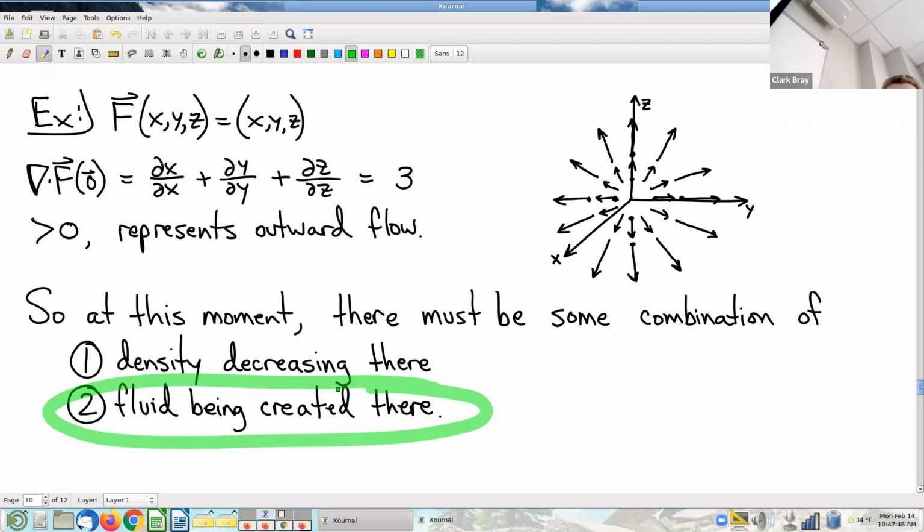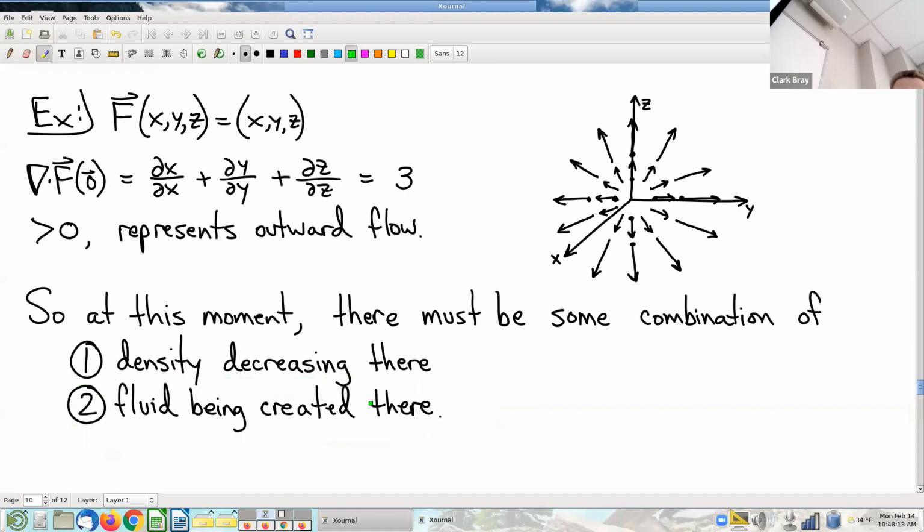So from that point of view, this is a really easy metaphor: there's a light bulb at that point. That's where the fluid flow is coming from, because fluid is being created. That's what light bulbs do. They create and emanate photons.